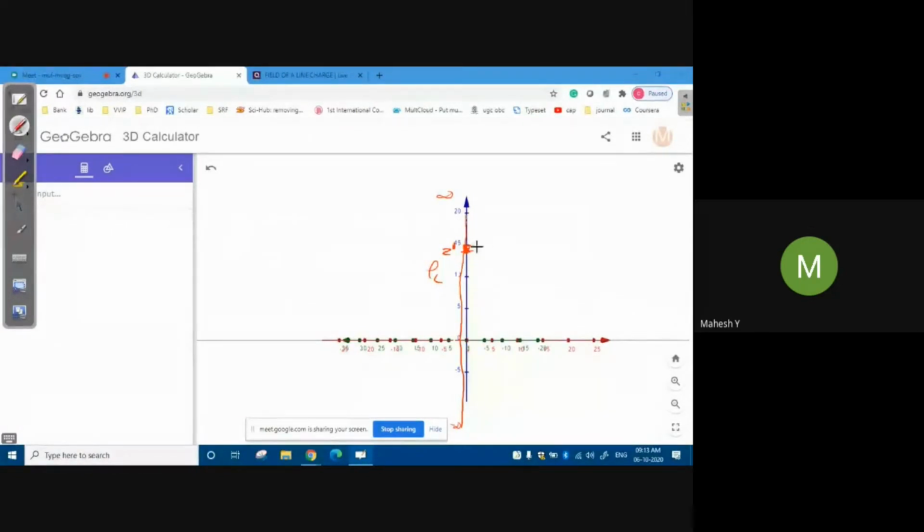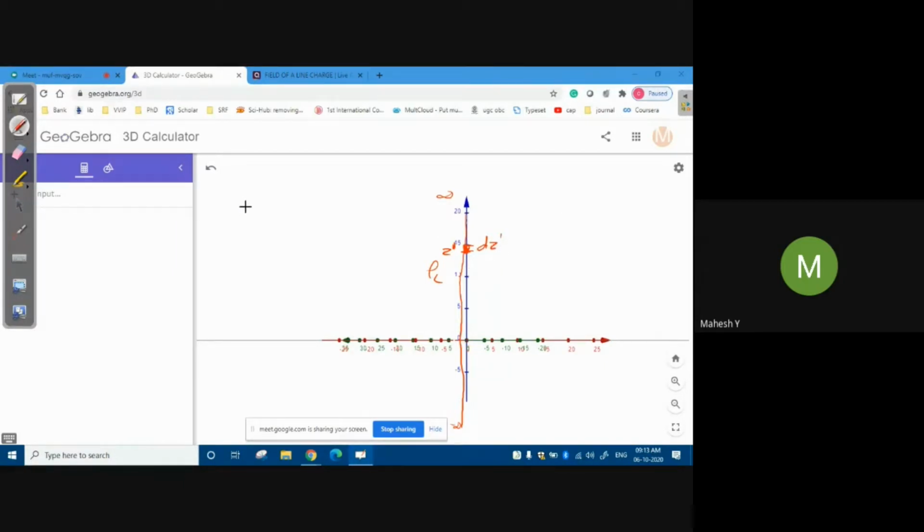If I knew the total charge I could use that, but it would be rho L into infinity, which cannot be calculated. So I am considering a small element of that line. Since this is along the z-axis, I represent it as dz prime.